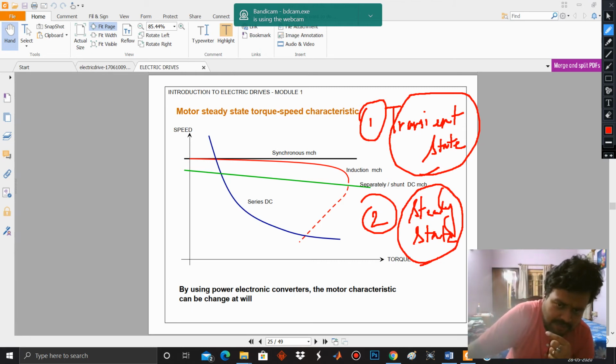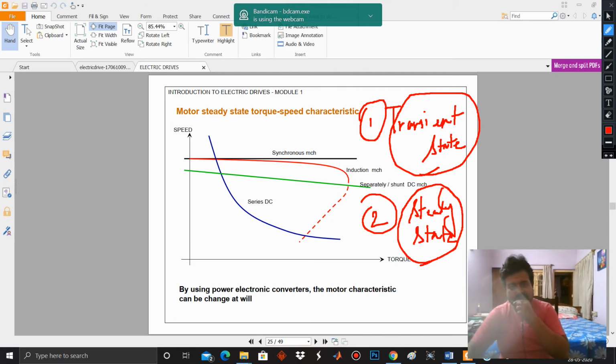So now, an overview of speed torque characteristics of different types of machines is given in this particular figure. So you see synchronous machine. In a synchronous machine, the rotor speed and the stator speed are the same. In the speed torque characteristics, as the torque increases, the speed will be constant, only then it will remain synchronous.